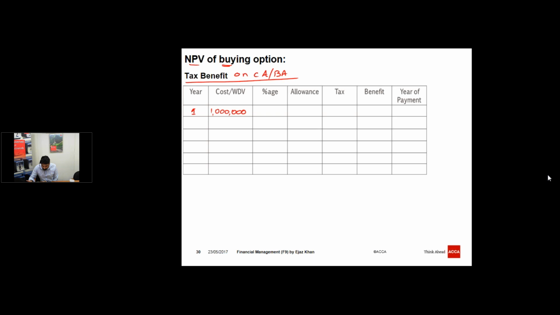Even if you want to consider this 5.8, you have to consider it in both cases. If you consider the 5.8 saving in the buying option, then you have to consider it in the leasing option as well. So either consider it in both cases or ignore it in both cases. It will not affect the decision. That's why I'm not taking it.